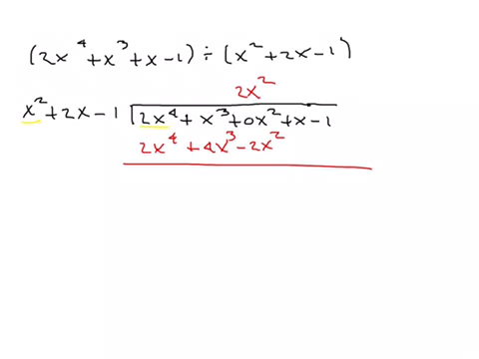And check yours versus mine. So remember, we took that 2x squared and multiplied it to x squared, 2x, negative 1. And that's how we got the stuff in red.